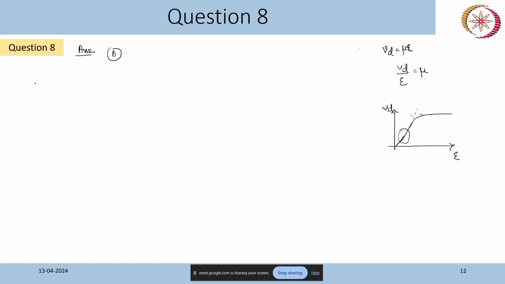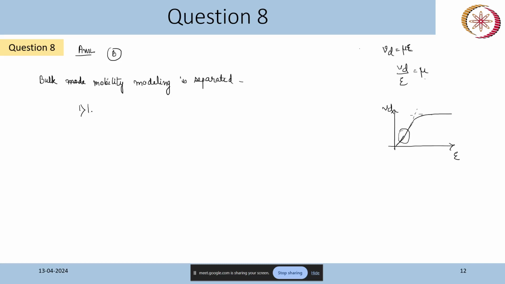So the total mobility modeling is separated into three different regions.